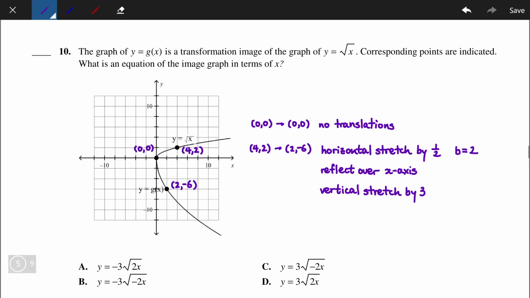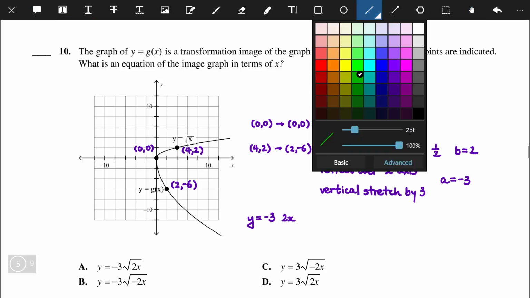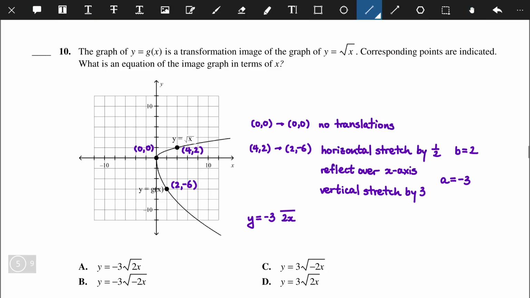And the last two transformations tell us that the a value must have been negative 3. So altogether then, we have the function y equals negative 3 times the square root of 2x, like so. So that means that the correct choice in this case will be A.